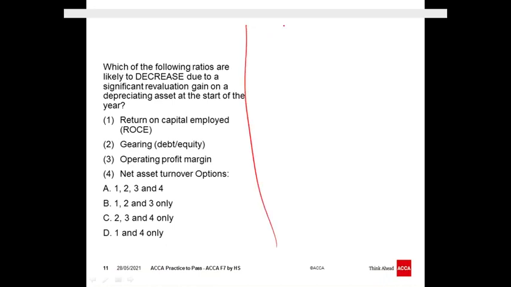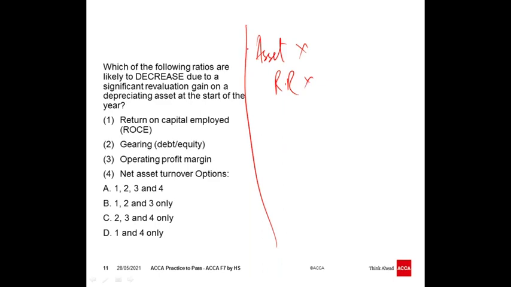Which of the following are likely to decrease due to a significant revaluation gain? When there is a revaluation gain, the entry will be asset debit, revaluation reserve credit. Revaluation reserve increases means there will be an increase in the equity.